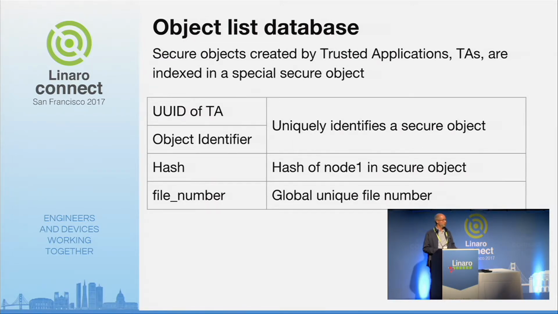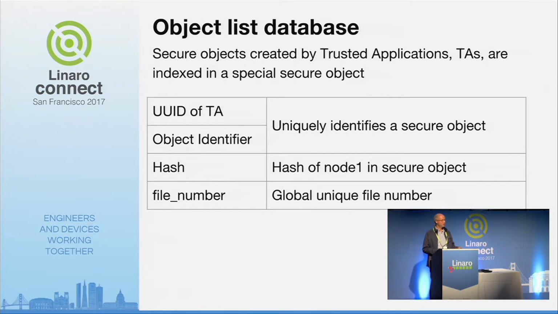So we have an additional file, like a database, where we store all the objects that we have created, and we identify each with the UUID of the TA and an object identifier. The object identifier is like a file name, but in GlobalPlatform language instead.